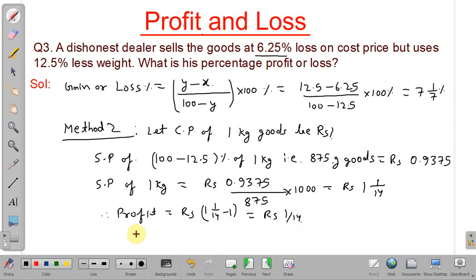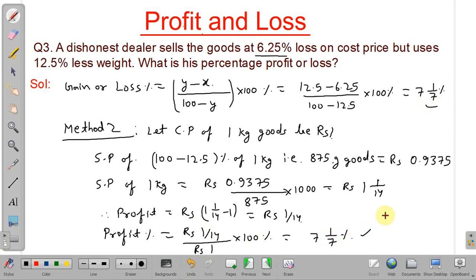Okay, so when we are expressing in percentage, profit percent will be equal to rupees 1 by 14 divided by cost price. So cost price is 1 rupee into 100 percentage. So you will get 7 1 by 7 percentage. Now you can see this and this are same.